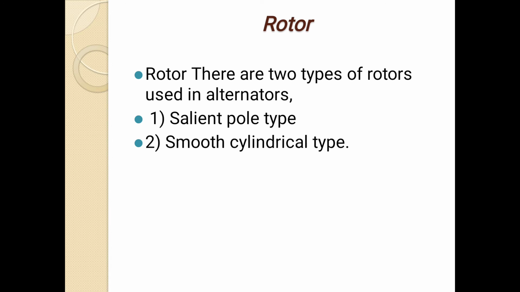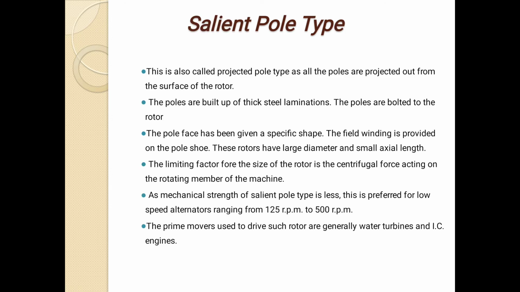Rotor. The rotor carries a field winding which is supplied with direct current through the slip rings. Rotor construction has two different types: salient pole type and smooth cylindrical type. Salient pole type can be used for slow and moderate speed alternators.